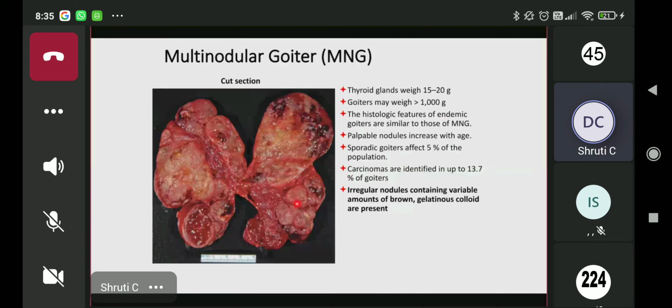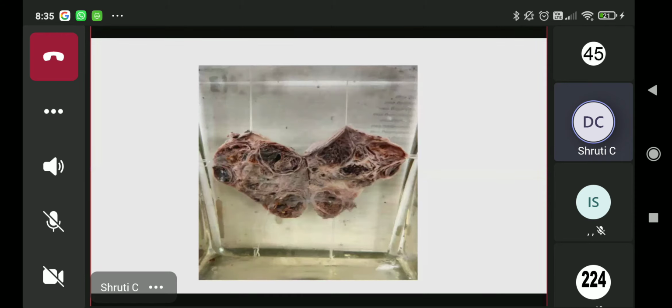Some of the nodules contain gelatinous colloid, and some may even lead to hemorrhage, leading to this brown material. This is hemorrhage. This is the gross specimen present in the museum. This is also a multinodular goiter. There are multiple nodules, like you can see in this picture.